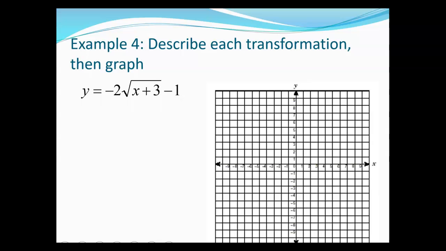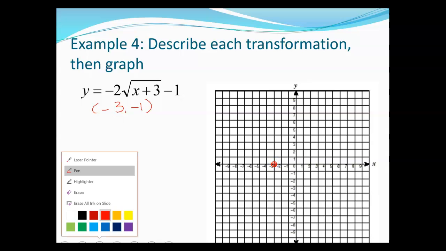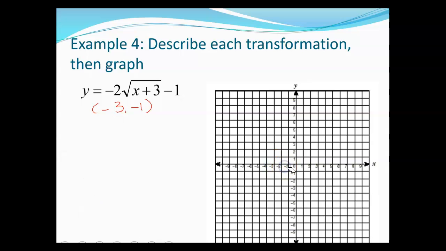Graph. What is my starting point on this graph? -1. That is plotted -3, 0. The negative in front does what to my graph?